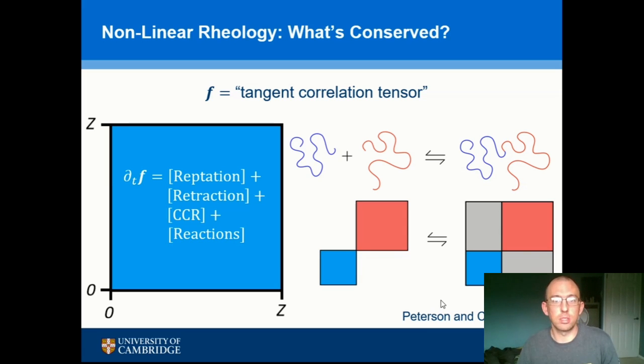And you haven't lost any of the underlying physics. You still have the full picture for reptation, retraction, convective constraint release, and reactions at the core of the model. And all of the simplification steps have been done not by intuition, but by systematic use of asymptotic methods and boundary layer analysis, and so on.